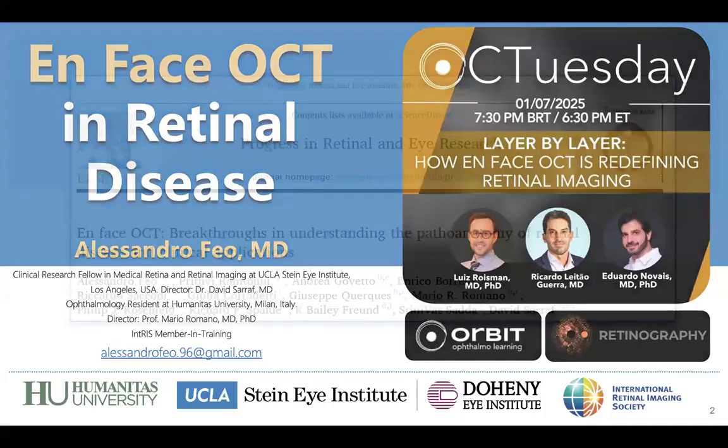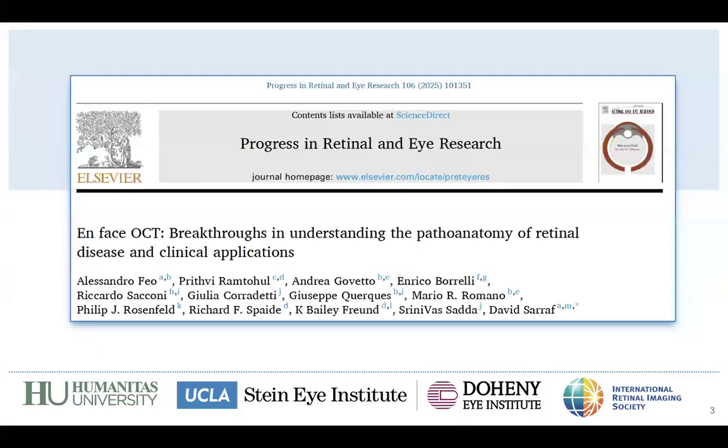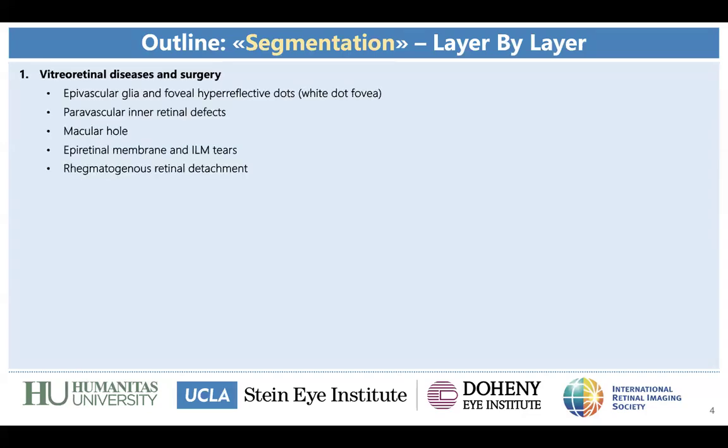The content of this presentation is from this recent article that we've published, and this is the outline. I have segmented the presentation from the vitreoretinal interface through the choroid, so we will navigate through the middle retina and analyze also the outer retina and all the alterations that we can find in retinal diseases.